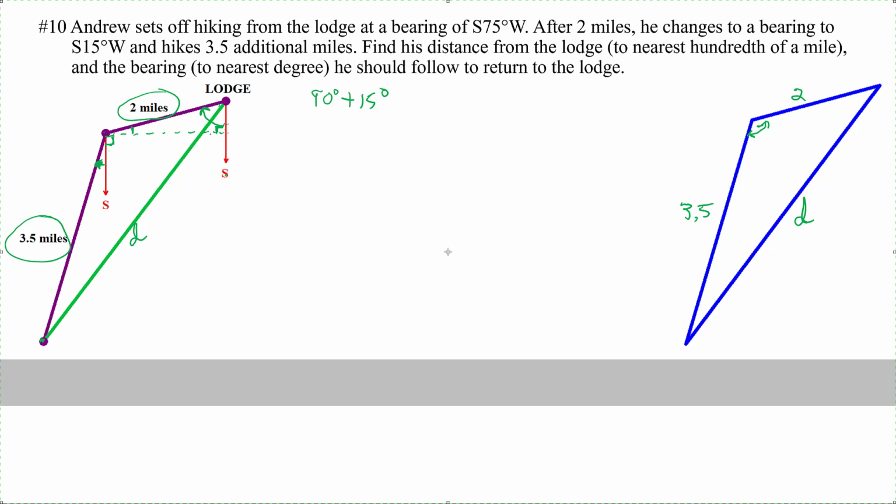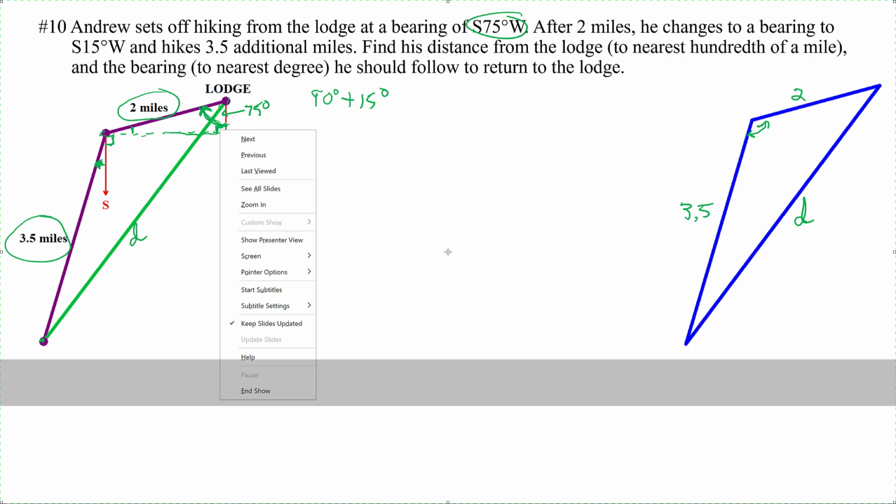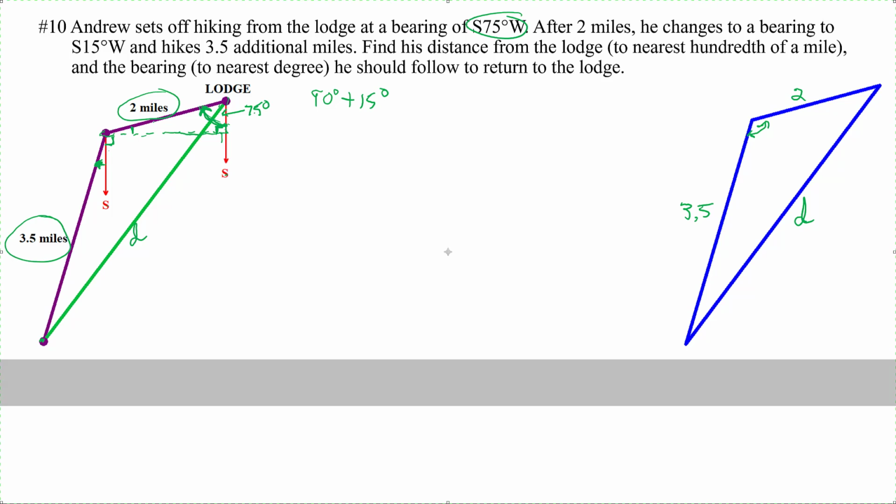If I look at this right triangle that I've sketched, I know that this angle comes from going south 75 degrees west. So this angle going all the way over is 75 degrees. This is a right angle, so this is 90 degrees. If I take 90 degrees plus 75 degrees plus whatever this measure is, I should get 180 degrees.